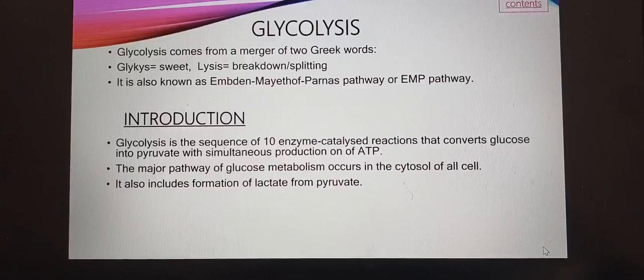Glycolysis is a sequence of 10 enzyme-catalyzed reactions that convert glucose into pyruvate with the simultaneous generation of ATP. The major pathway of glucose metabolism occurs in the cytoplasm of the cell. It also includes the formation of lactate from pyruvate.